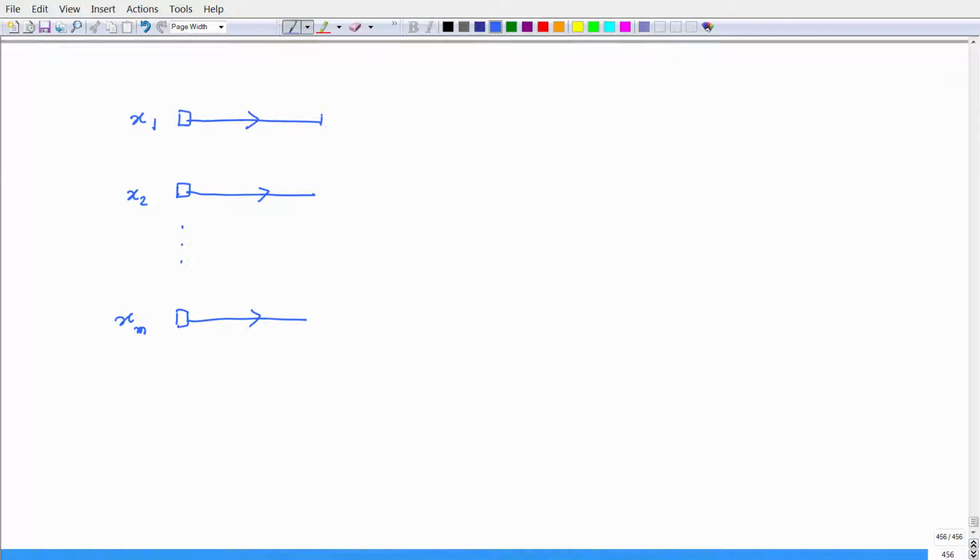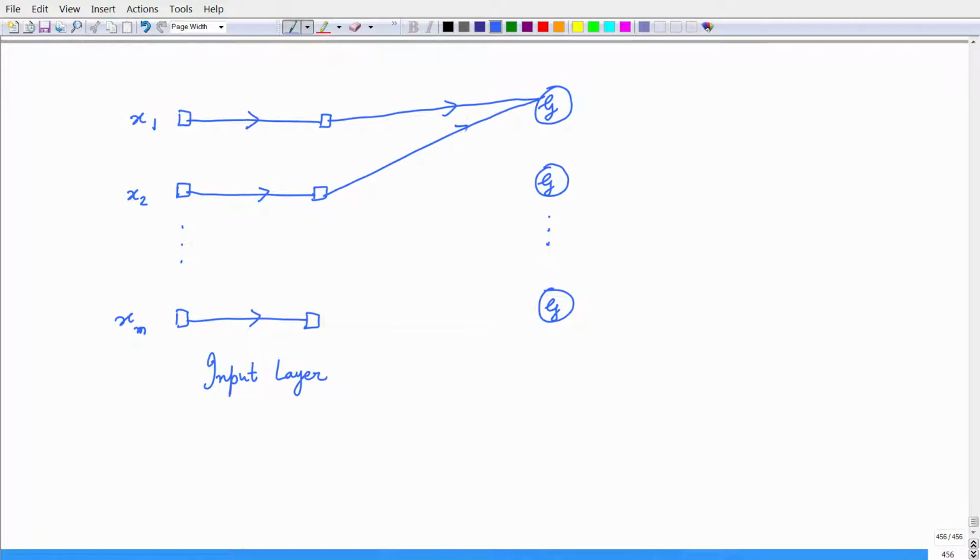So, I just put these units here. Then I have my hidden units comprising of Green's functions. So, I put an edge connecting all my inputs.